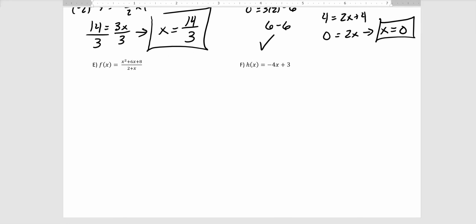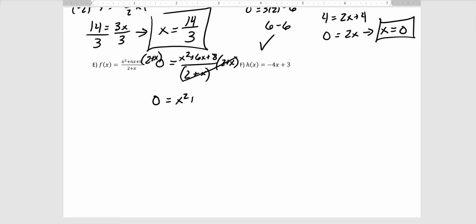Let's try letter E. x squared plus 6x plus 8 over 2 plus x. So start by setting it equal to 0. We can multiply both sides by 2 plus x. Those will divide out. 0 times 2 plus x is just 0.